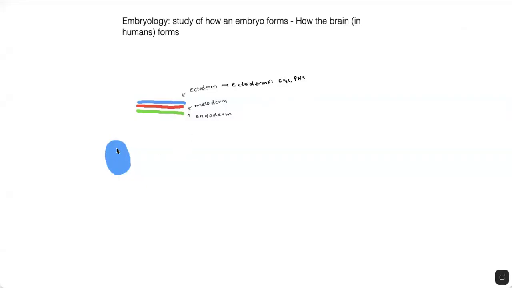So basically, how do you go from this flat disc to a whole brain? The first thing that happens is the thickening of the neural plate. So step one is thickening of the neural plate.